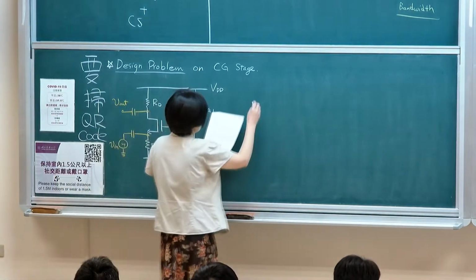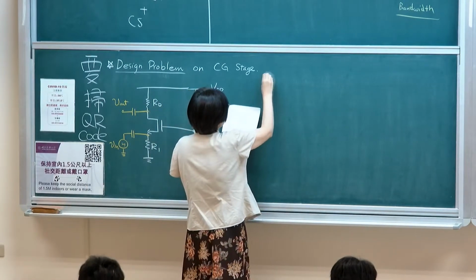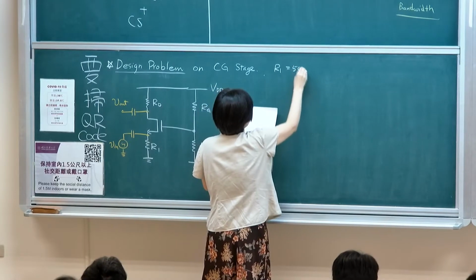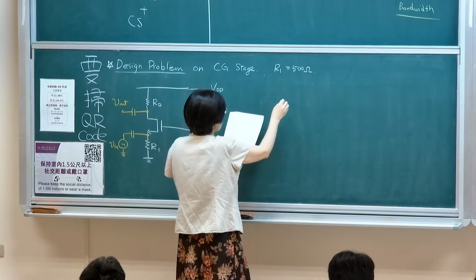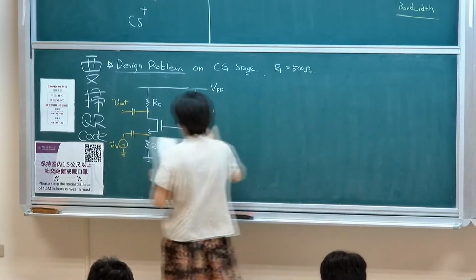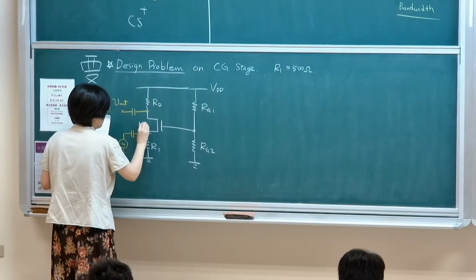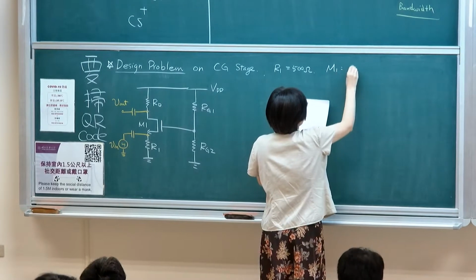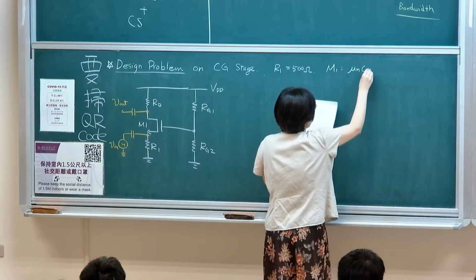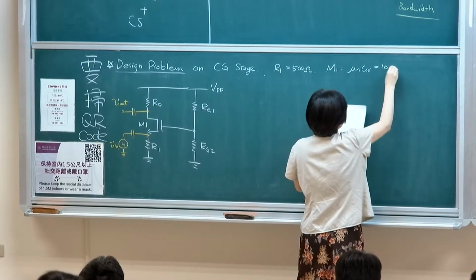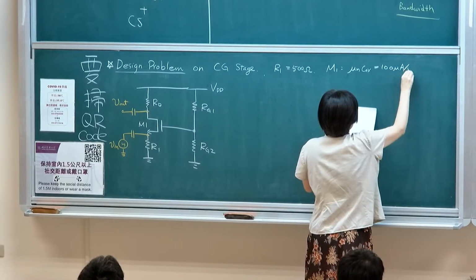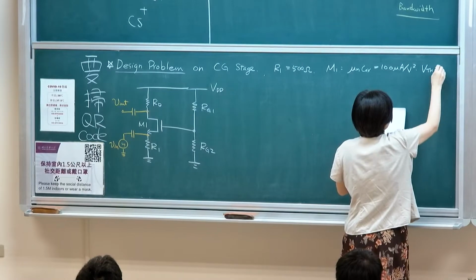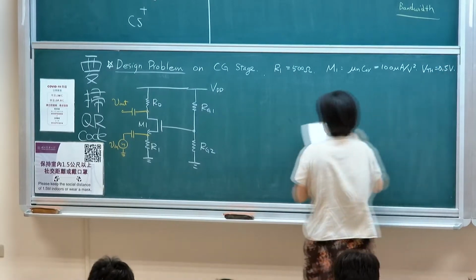So this is a common gate stage. We want R1 set to 500. Let me give the device parameters for M1. For this transistor, the technology parameter gives us 100 microamp per volt squared, and it has a threshold of about 0.5 volt.